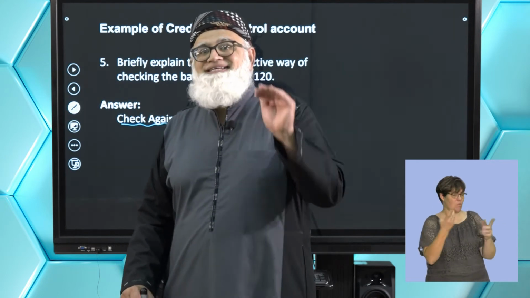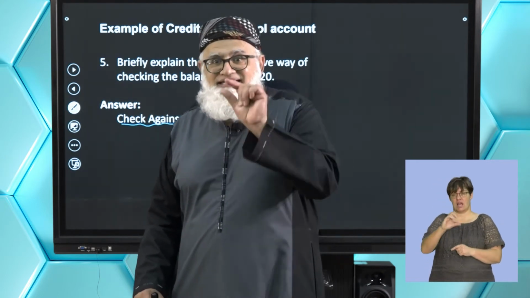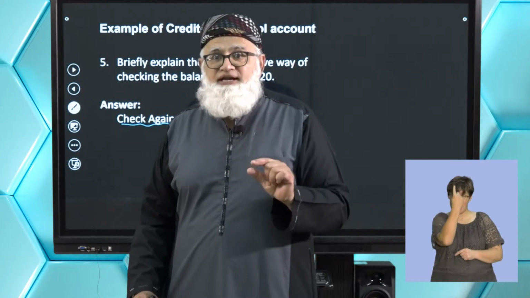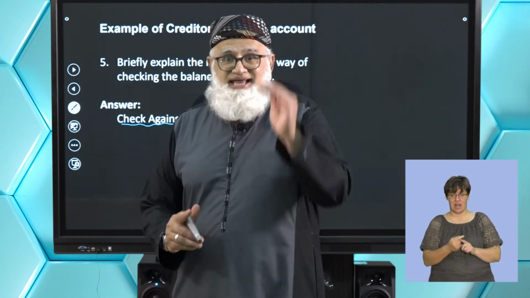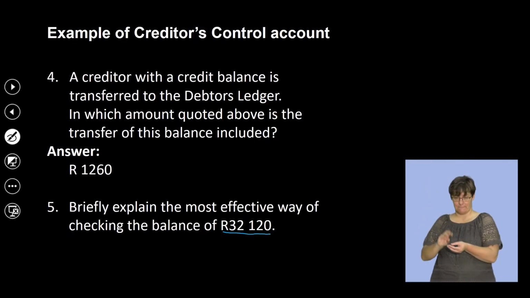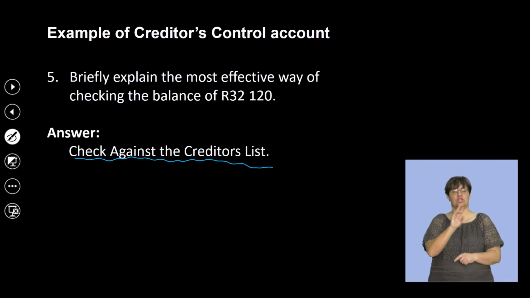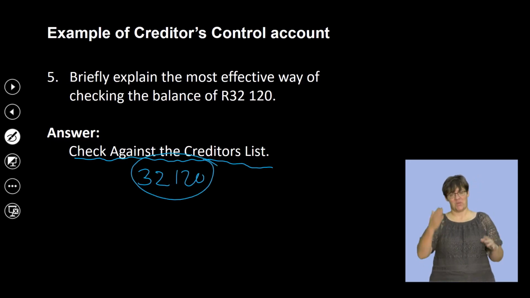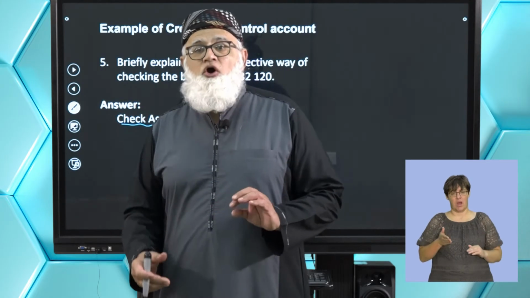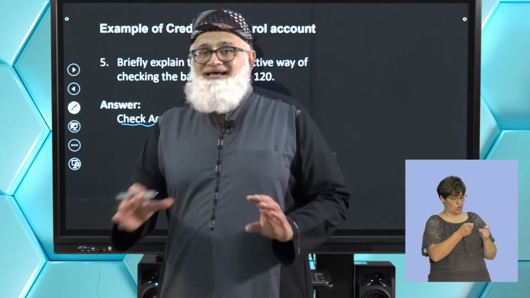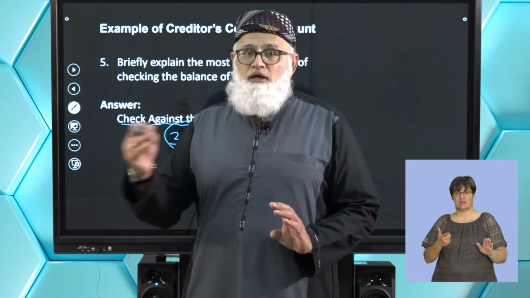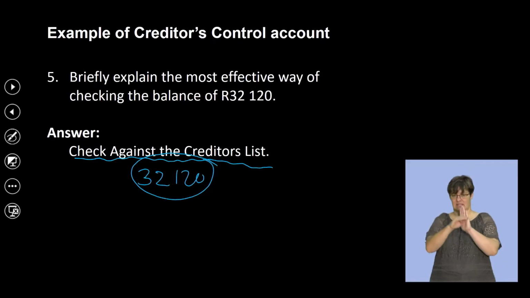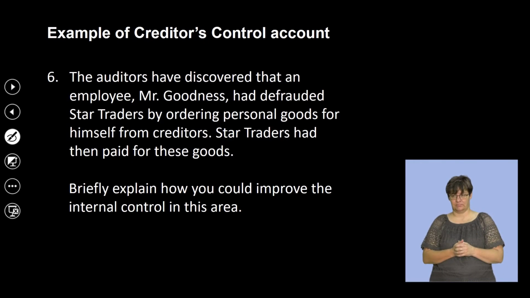From my creditors ledger, right? Indicating each individual creditor, and yes, I must add it up, and if I get a figure of 32,120, then voila, I know that the accuracy is there of my creditors control account as opposed to my creditors list. Right?